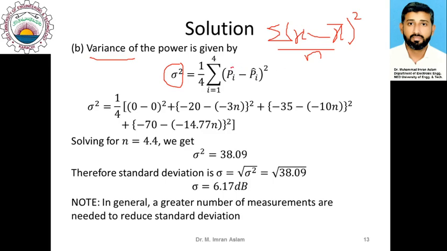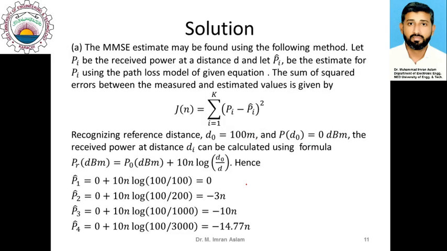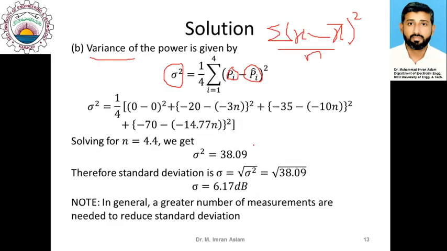The x here is the received powers. The mean values are represented by the path loss formula values, because as we discussed, the calculated path loss represents the mean of those measured values. So these values that we previously calculated through the formula represent the mean values of the received power calculated from the path loss formula.